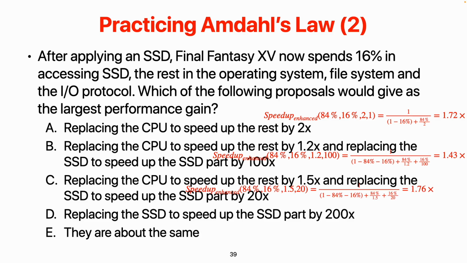And the third option gives us a little bit more, because even though 1.5 times sounds smaller than 2 times, it's still beneficial to optimize the minority part. If you measure that numerically, you will figure out it's still beneficial sometimes if you have the money.